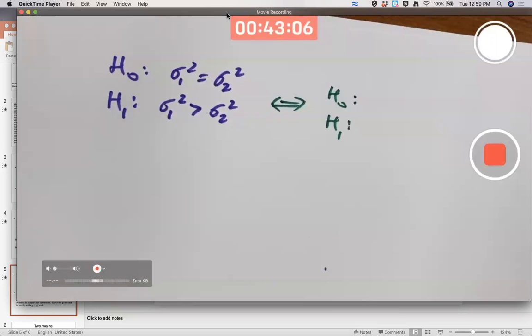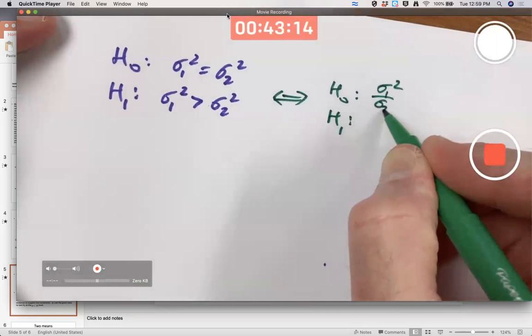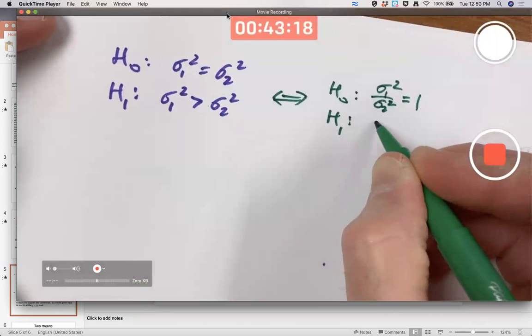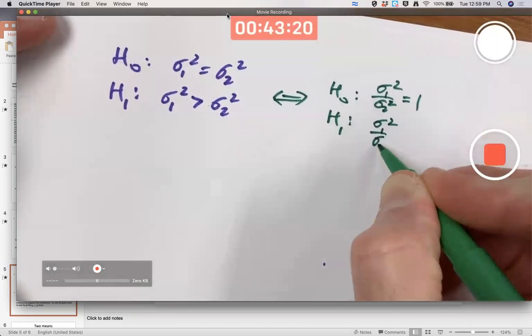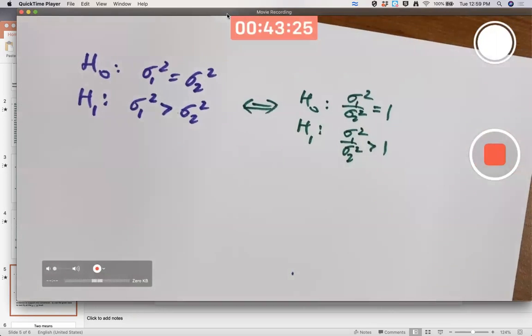However, we don't do it that way. Instead, we divide one by the other. And the reason is so that we can use the F distribution, which is based on a ratio of two variances, not a difference.